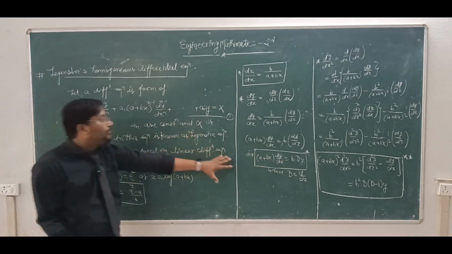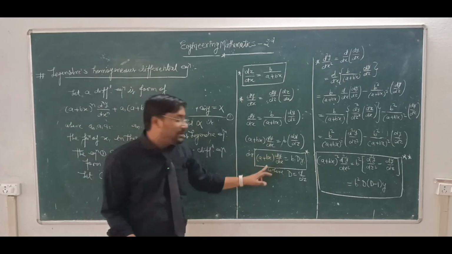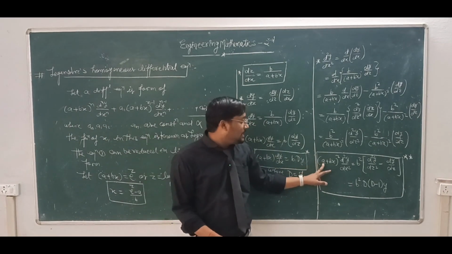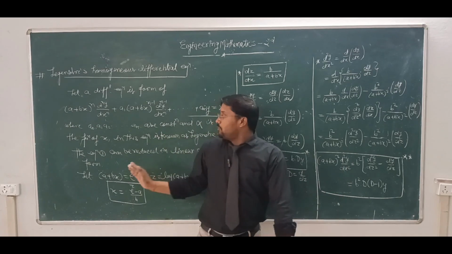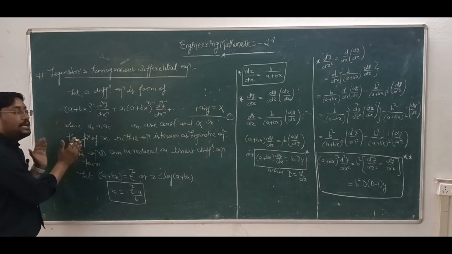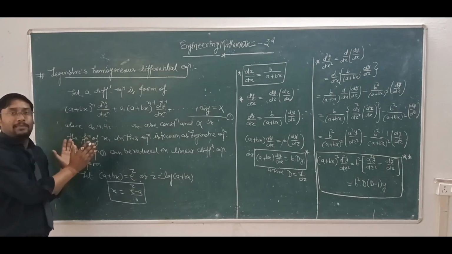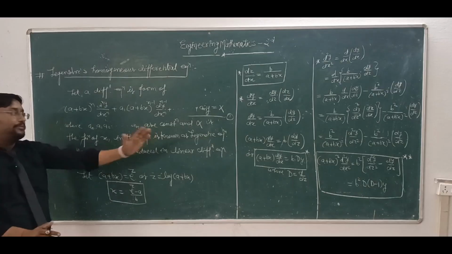Put all the values of dz by dx and a plus bx dy by dx. Put the value of this. And now second is (a plus bx) to the power 2 d2y by dx2. Put the value of this. This equation number 1 can be reduced to the linear differential equation form. First of all, note down this topic and this solution of the differential equation.